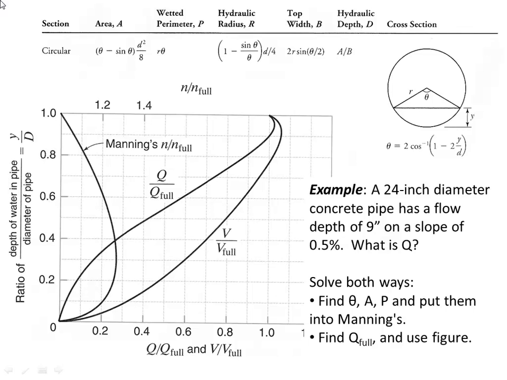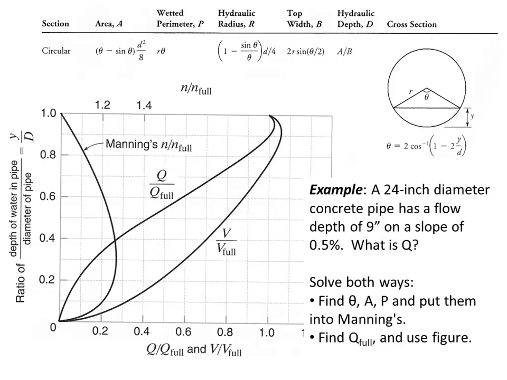But let's talk about this figure and what it's representing. It has on this lower x-axis the ratio of the flow through the pipe compared to what the flow would be if the pipe was full. And the way that you use that is you'd solve Manning's equation if the pipe was full. First of all, as a first step, you'd say, okay, I've got a 24-inch diameter pipe.